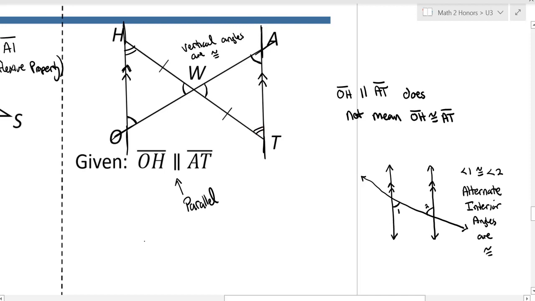So we got a lot of information now. We could say triangle OWH is congruent to triangle, sorry, let me mark. I already used one arc with W, so I have to use 3 arcs here. So OWH goes with AWT.